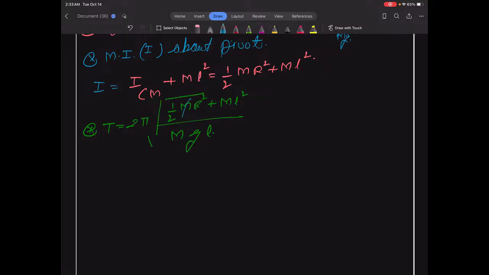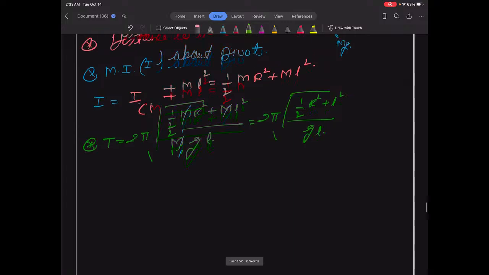And this m cancels out, so we get the time period will be equal to 2 pi times the square root of (half r square plus L square) divided by g L.